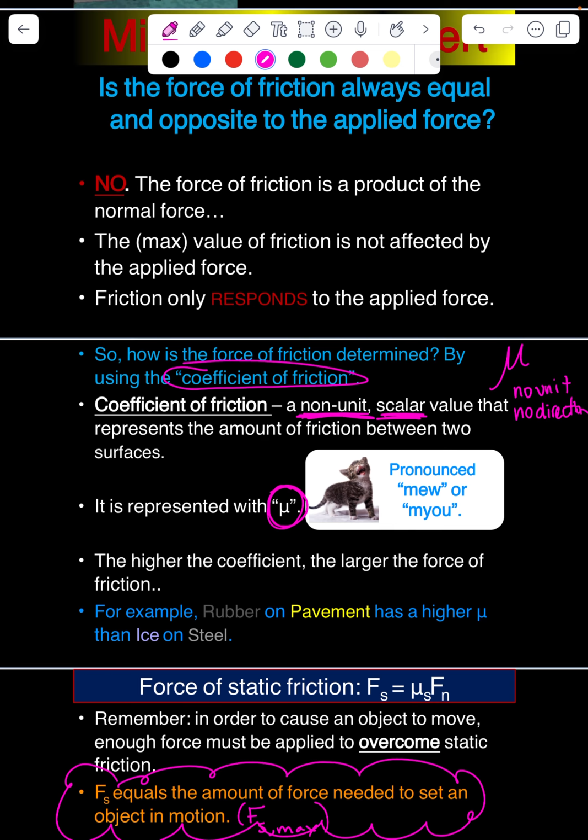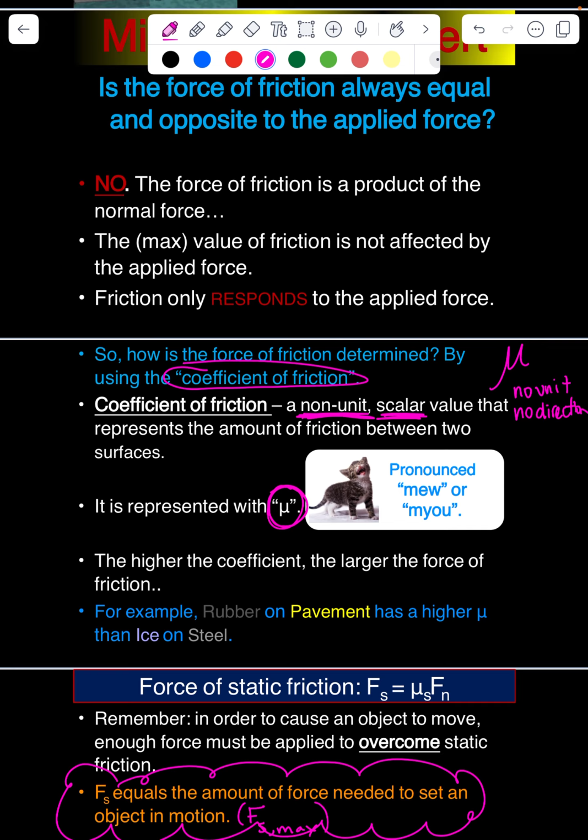This tells us how much friction is occurring between two surfaces. The higher your coefficient of friction, the more friction is going to happen between the two surfaces or materials.